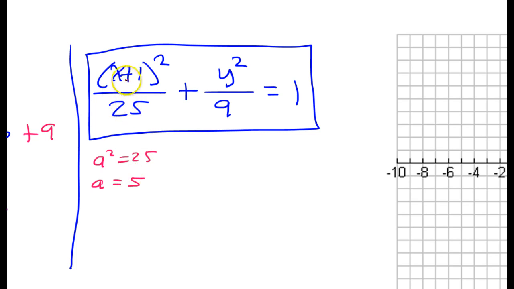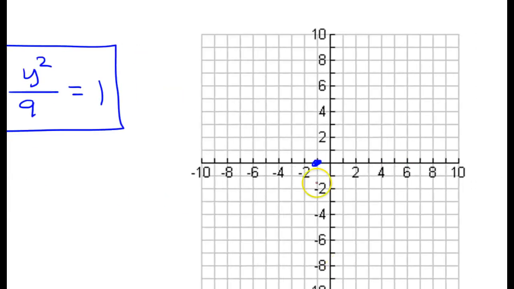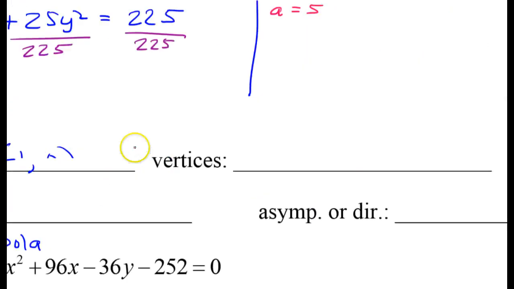Notice that the 25 is the denominator of the x term, so I will do plus or minus 5 in the x direction. These will be my vertices. So I will go 5 to the right, and I will go 5 to the left. So -6, comma, 0 and 4, comma, 0, vertices.